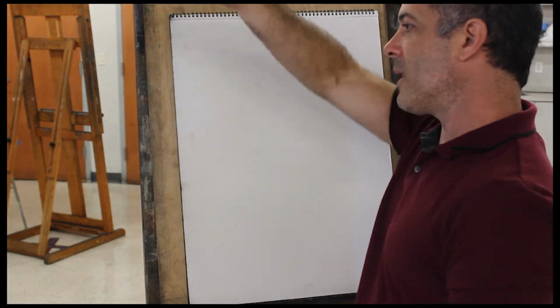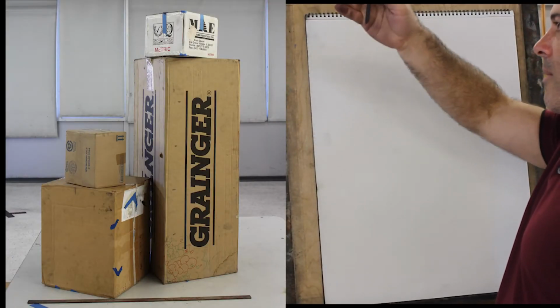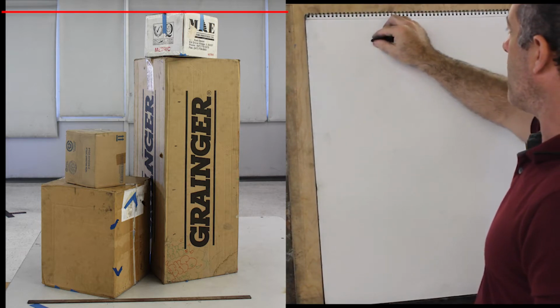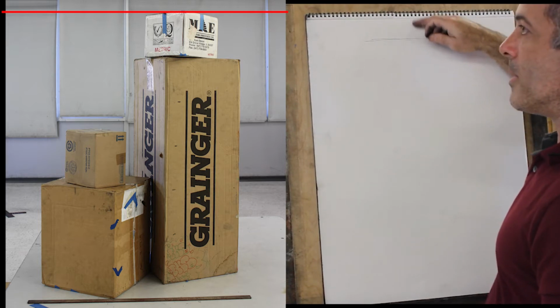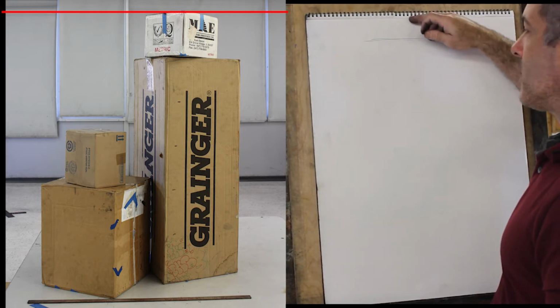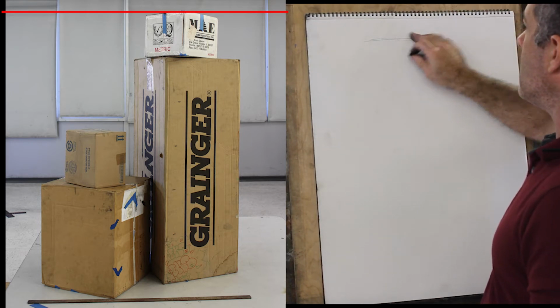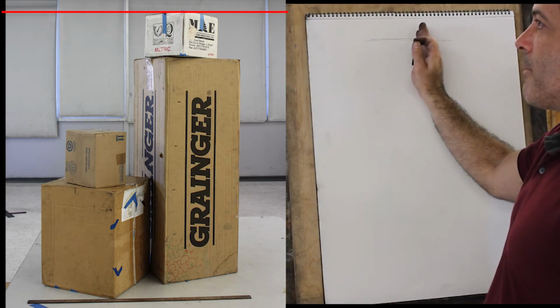So when I'm looking at this series of boxes, I'm going to look at where my highest point is, and I'm going to say, well, I'm going to make my highest point somewhere around here. I know there's a little bit of space, but I want to give myself a little bit of space in case I make a mistake, which I probably will. So the other thing that I want to look at is how far to the left is that point?